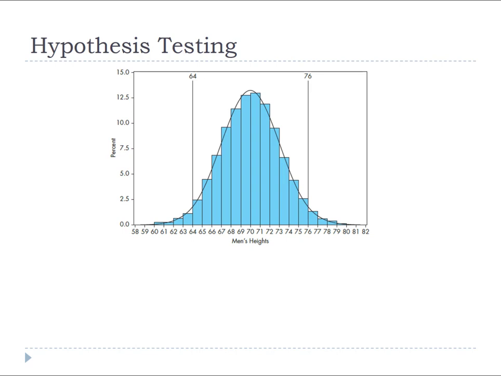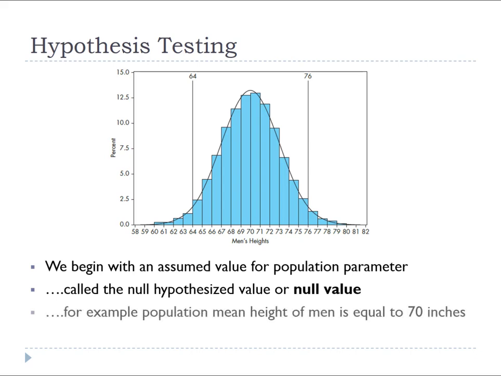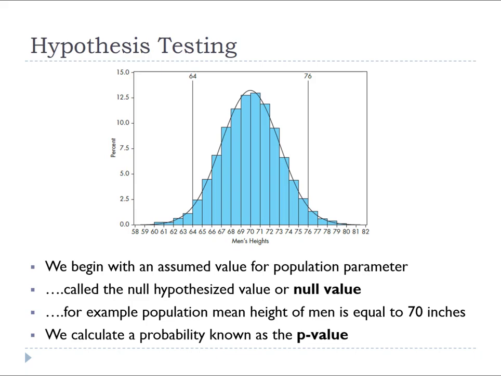With hypothesis testing, we begin with an assumed value for the population parameter called the null hypothesized value, or simply the null value. We will calculate the probability of obtaining our sample statistic, or one even further from the null value, given the null value for the population is correct. This probability is known as the p-value.